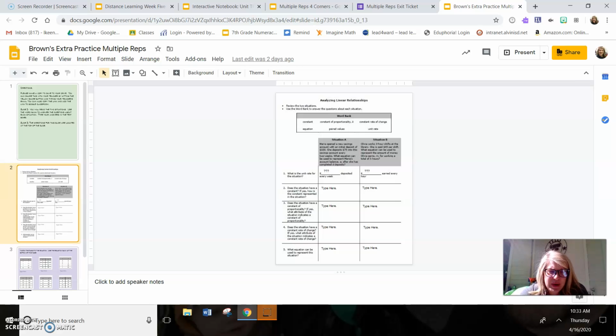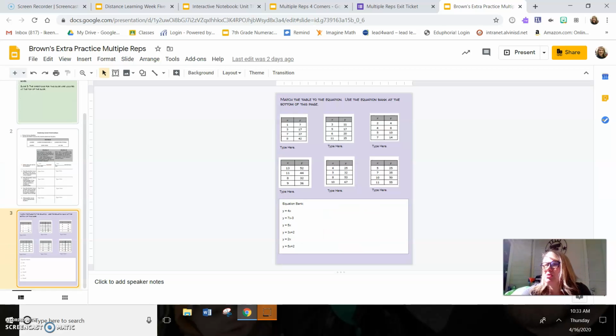You can use the word bank in order to answer the questions. And then just like we did last week when we were matching our equations and inequalities, this time we are matching a table to our equation. So this is again optional extra practice, but I will look at it if you would like for me to look at it and just tell you if you are on the right track, okay?